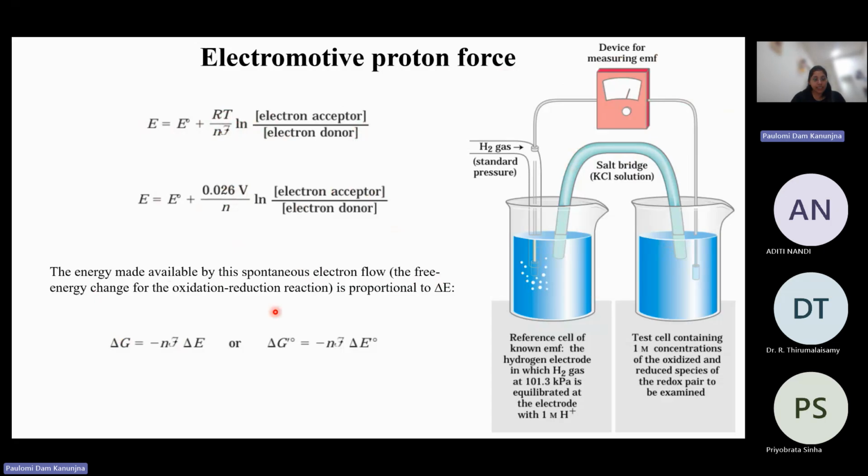So you can equate this energy and delta G by delta G equals minus n Faraday delta E. Or in standard condition, delta G naught is equal to minus n Faraday delta E naught. You should remember these formulas. I'm pretty sure it should come intuitively to you.